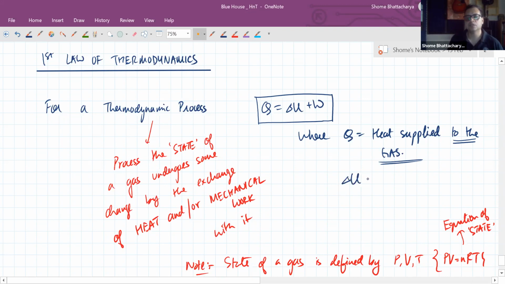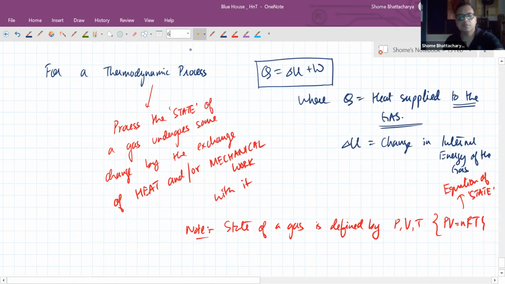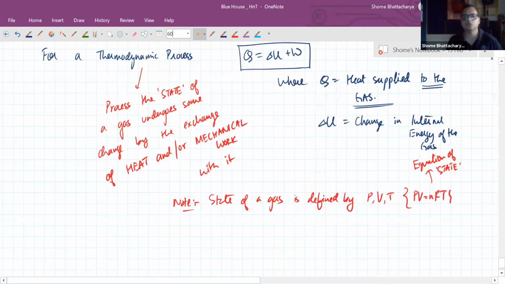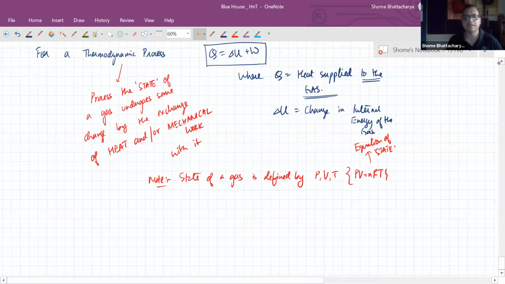Delta U, as you might have guessed, is the change in internal energy of the gas. And that is why I said that we've already done one part of first law, because we've understood the formula for internal energy. So delta U is the change in internal energy of the gas. Okay. And now equally important, W is the work done by the gas. You must remember, W is not the work done on the gas, it is the work done by the gas.